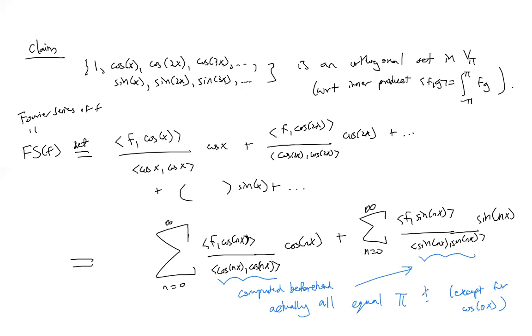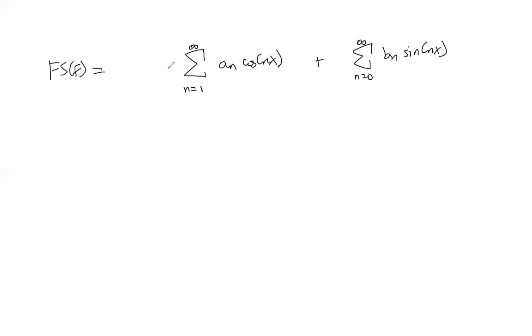So I'll write it again here. It's a sum of an cosine nx plus a sum of bn sine of nx. So here n is going from 0 to infinity. Here n is going from 1 to infinity because the 0th case is a little different. As I said, for 0, you get a different norm. And I'll figure out this coefficient later.